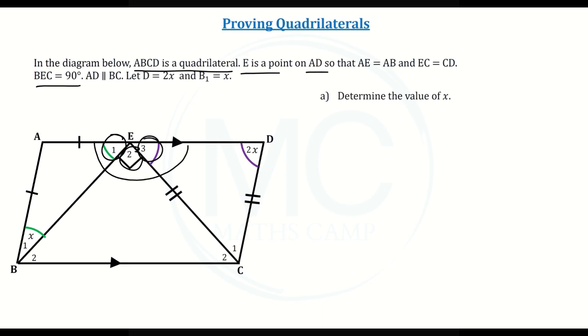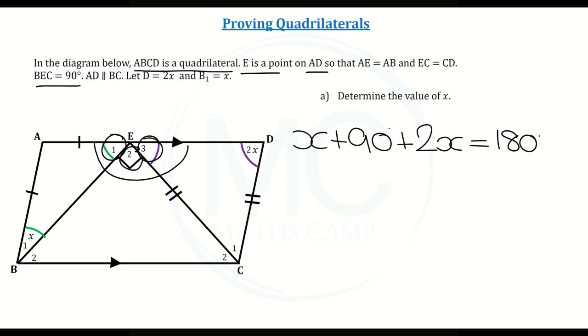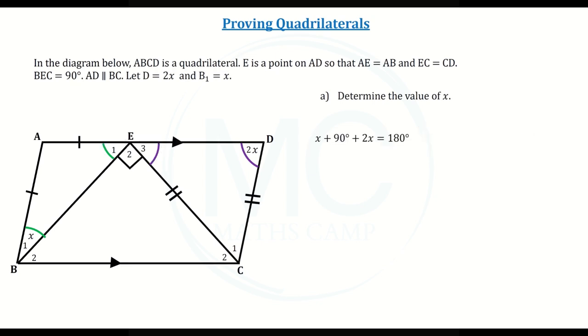At angle E, we have E1, which is x, so we can say x, plus angle E2, which we know is 90 degrees, plus angle E3, which we know is 2x, and this is all equal to 180 degrees. And as our reason, we say because these are the angles on a straight line. Now we have an equation we can use to solve for x.